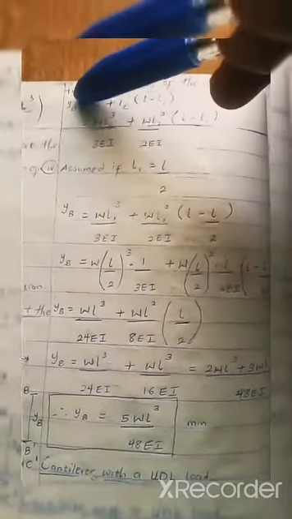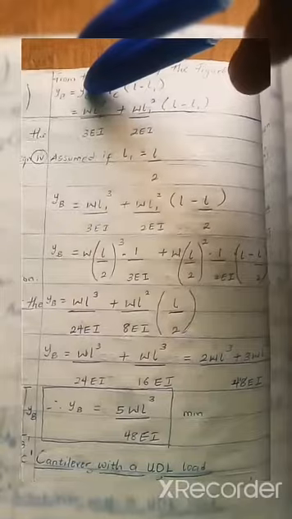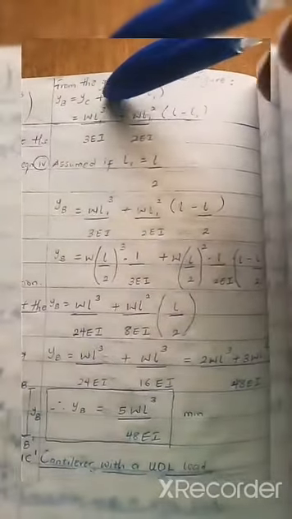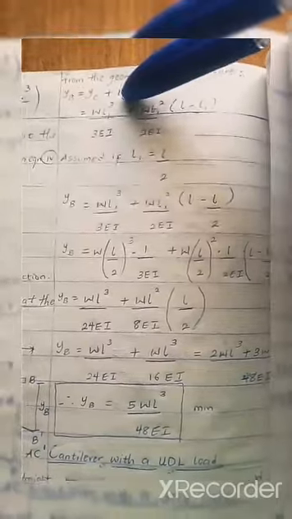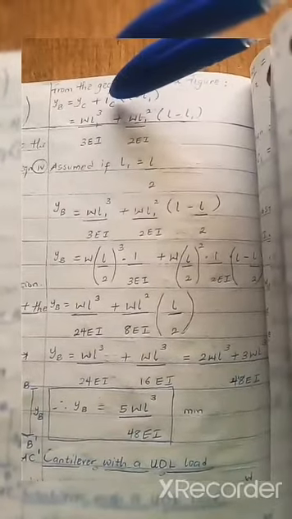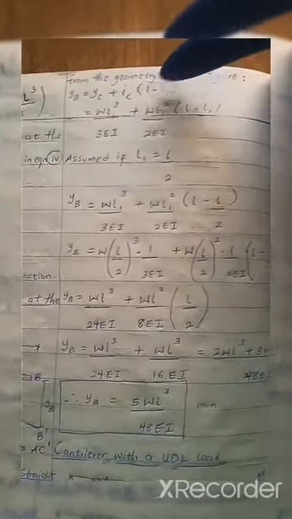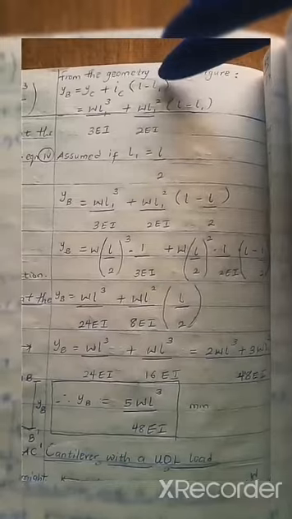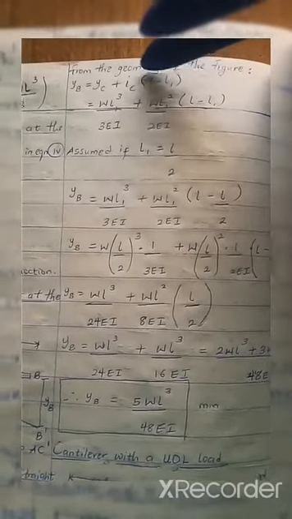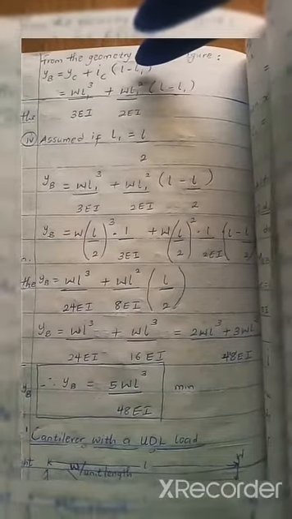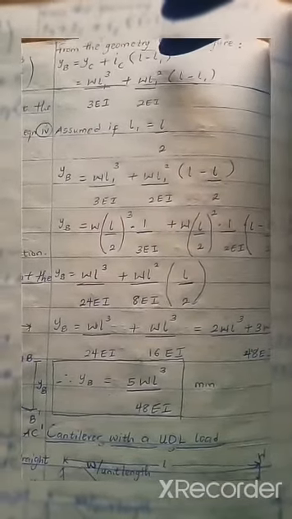That will be YB equals deflection at point C plus the slope at point C. I told you that the slope at point C is the same as the slope at point B, so you just pick one of them, times L minus L1. That means the total distance minus the small distance away from the fixed end.